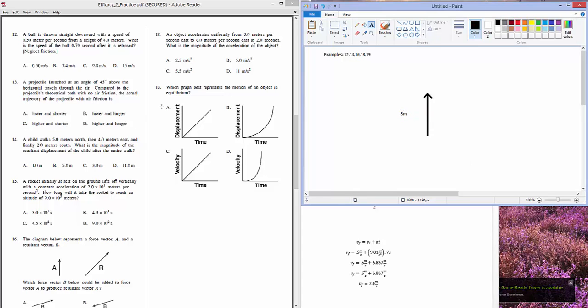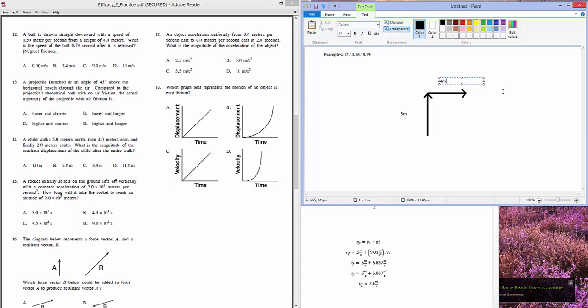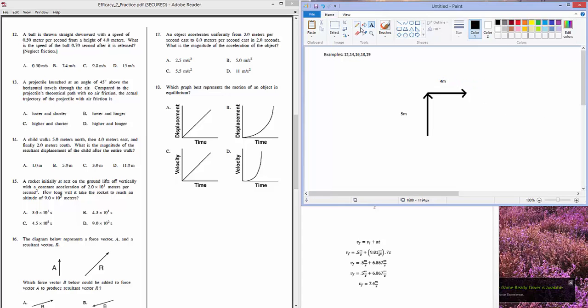And then 4 meters east, so he then goes not quite as far, 4 meters east. And then finally, he goes 2 meters south. Right? 2 meters south.